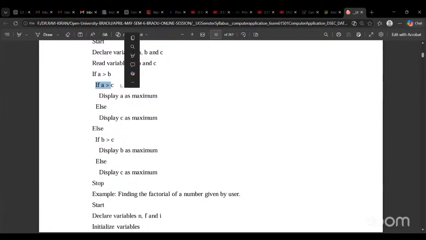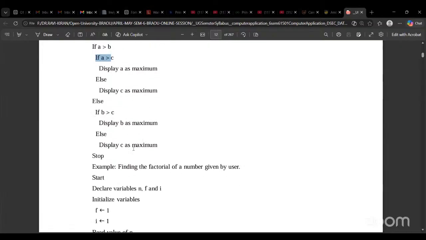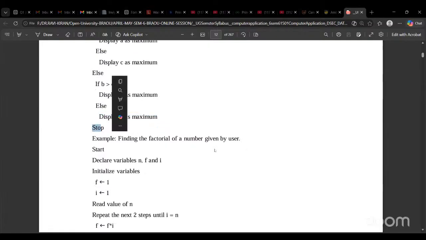Else display C as maximum. Else if B greater than C, display B as maximum. Else display C as maximum. And we can stop here.